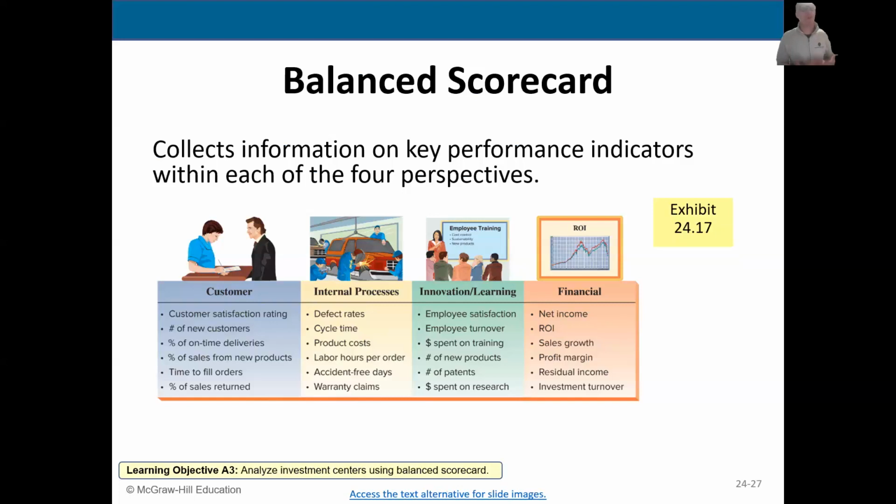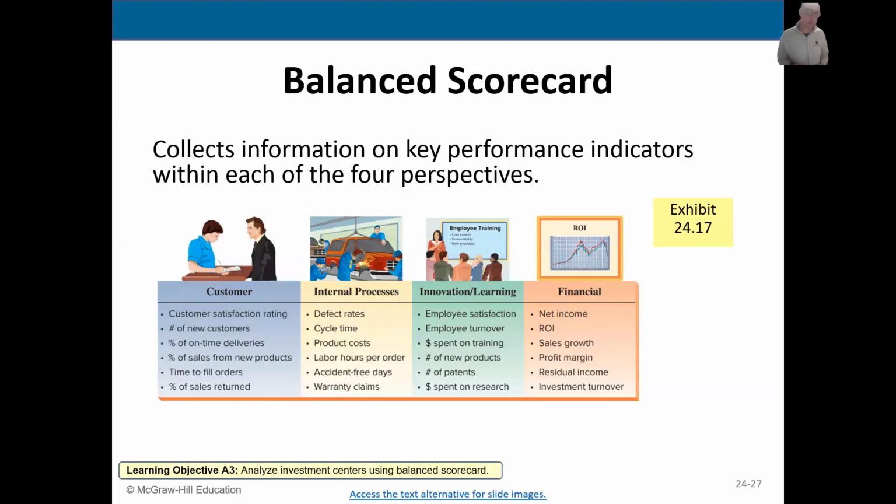We look at customers to understand what do the customers think of the company or the department. Look at things like satisfaction ratings, number of new customers, on-time deliveries, etc. Customer data. We also look at internal processes, which is operations that are most critical to the customer.